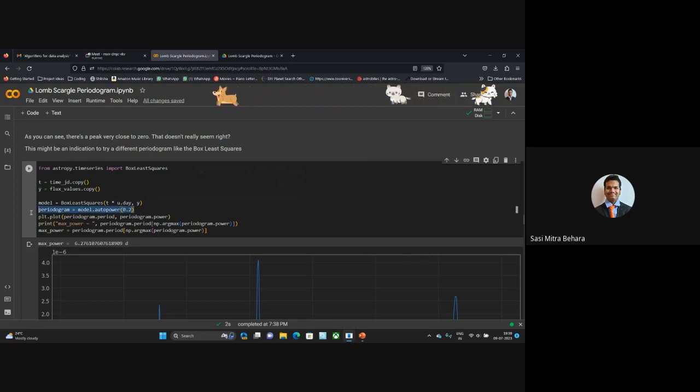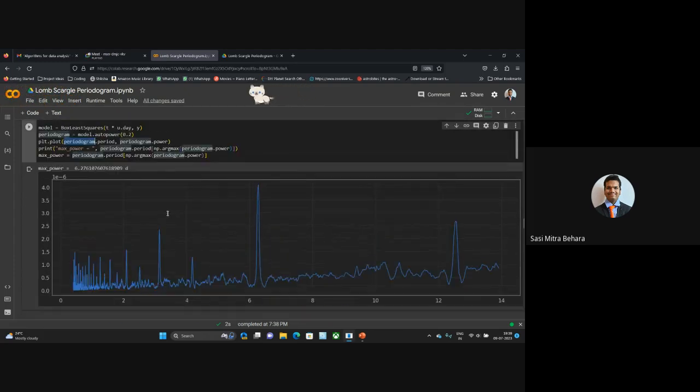For the periodogram, I just tell it model.autopower, and then we plot the period and the power of the periodogram, and this is what we get. Looking more specifically, we have a peak just a bit after 6 days, and we can see that the maximum power is happening at 6.27 days specifically.